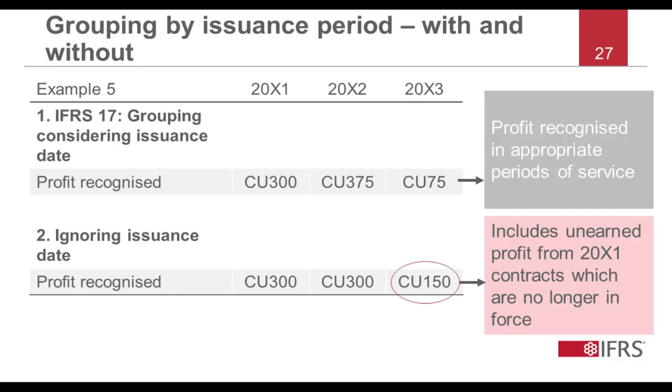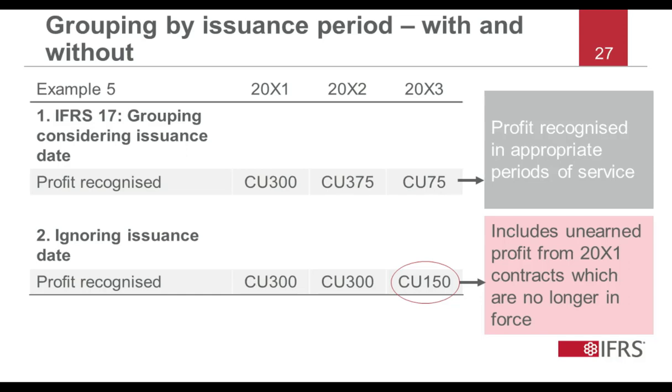This next slide shows the amounts of profit recognized in the relevant periods. Firstly, you can see the amounts of profit recognized applying the IFRS 17 requirements. That is that the contracts issued in 20X1 will be in a separate group than the contracts issued in 20X2.